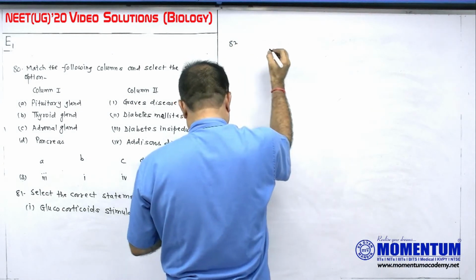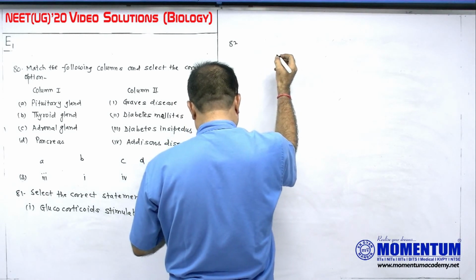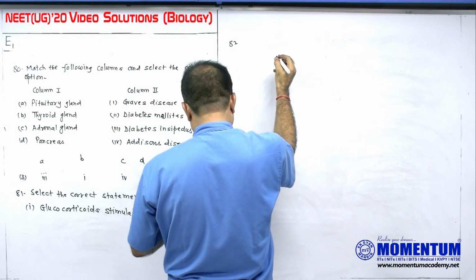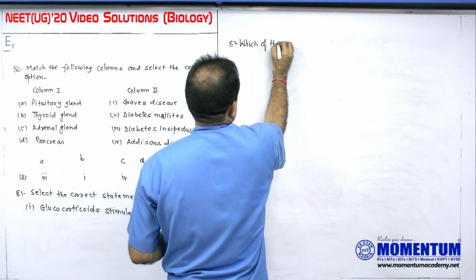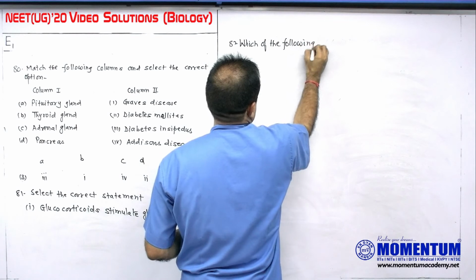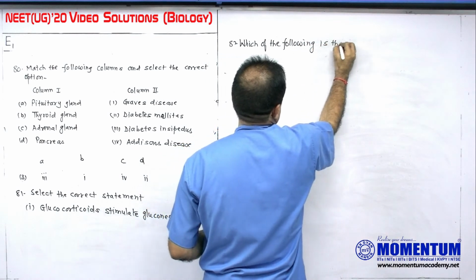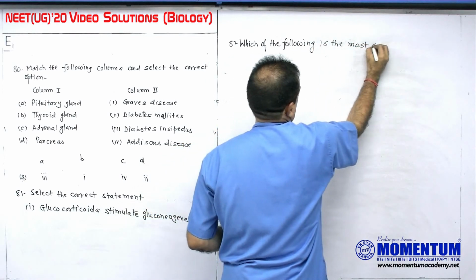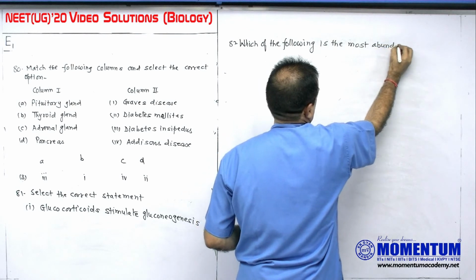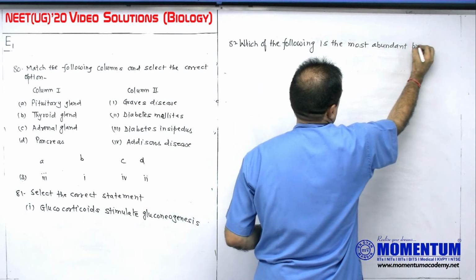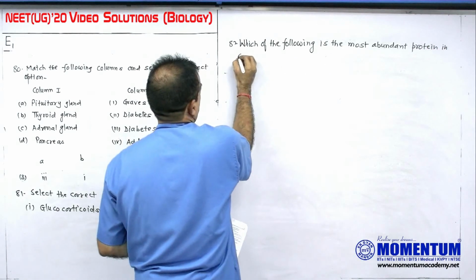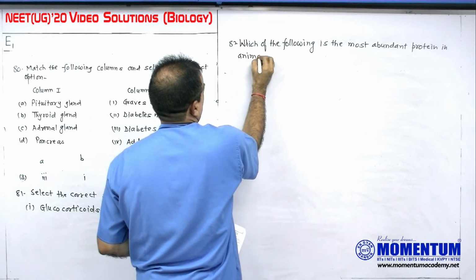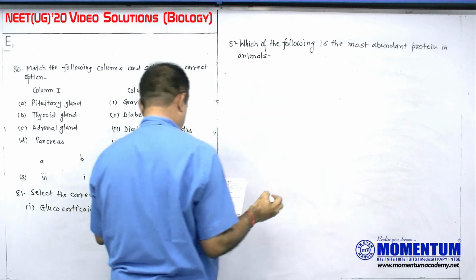Then 82. Which of the following is the most abundant protein in animals?